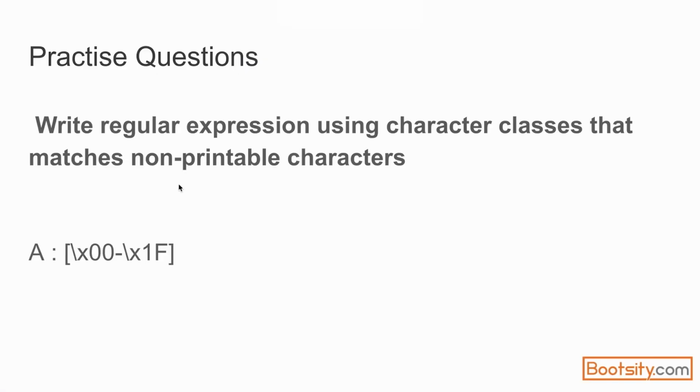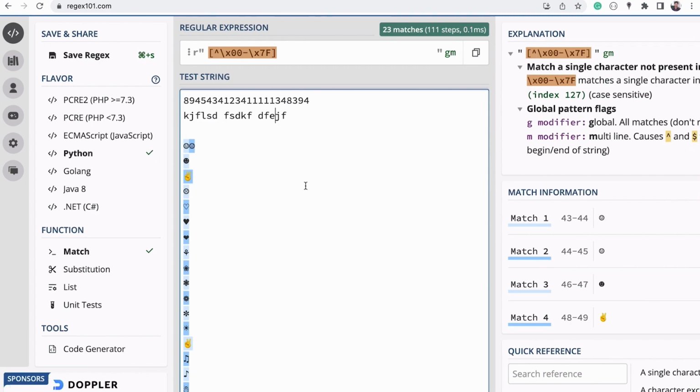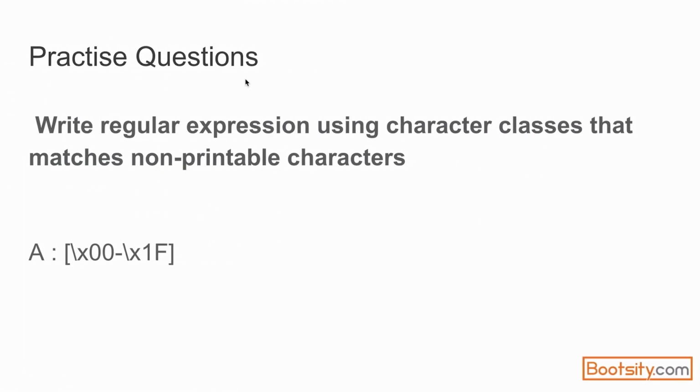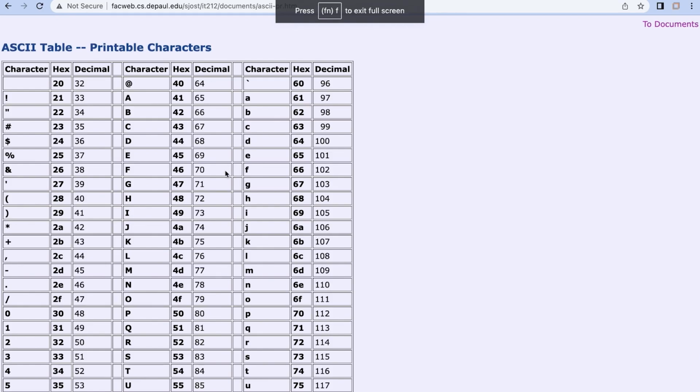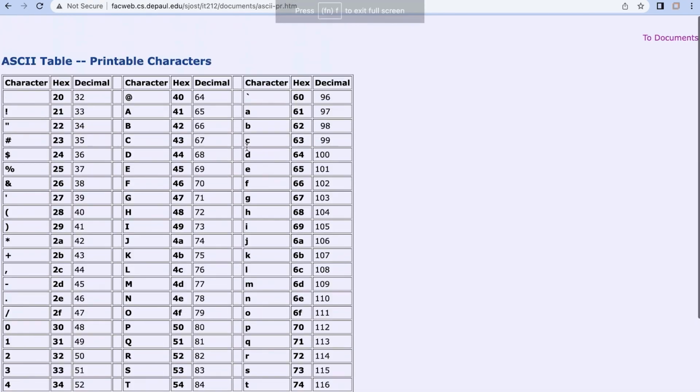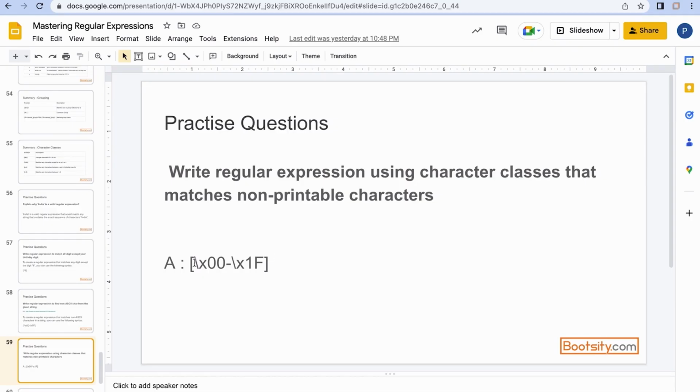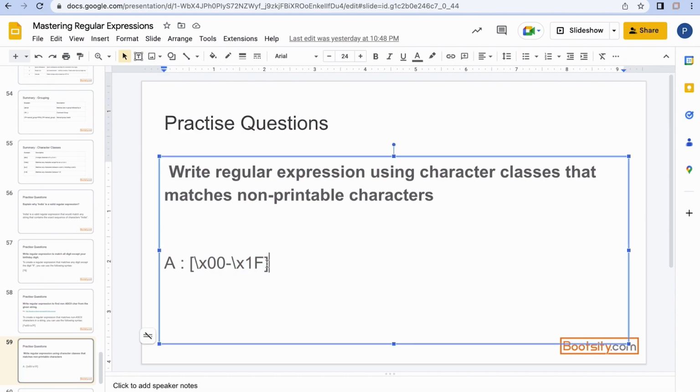Coming to the next question, we were asked to write a regex using character classes that matches non-printable characters. It is quite straightforward and similar to what we just saw, because if we see what are the printable characters and what are non-printable characters, we can very easily write one regular expression that selects only printable characters.